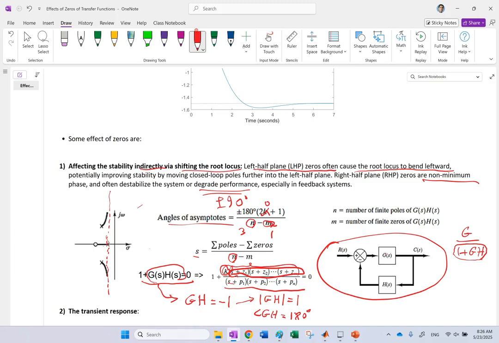Now, if I get rid of one of these zeros, what happens? If I get rid of this, now this becomes 3 minus 0, so you end up with plus minus 60 degrees. So basically your asymptote angles will be 60 degrees, and they're going to be like this. And these branches, instead of going straight up, are now going to go like this.